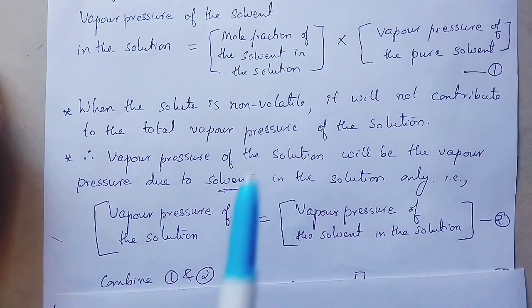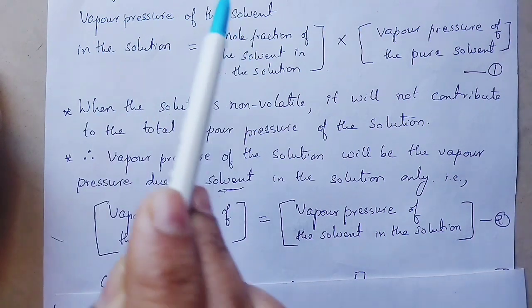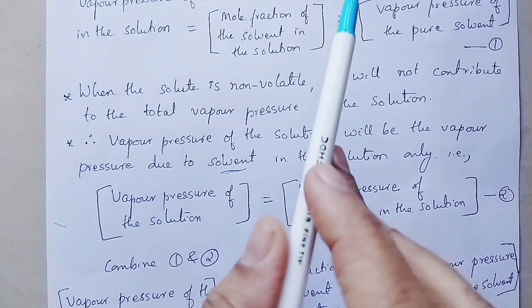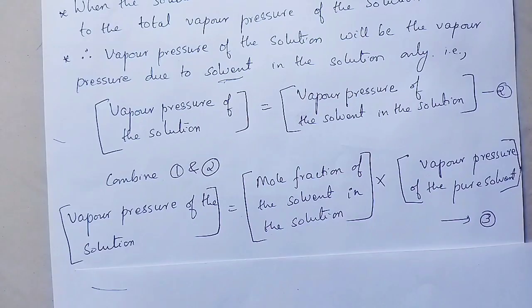Now combine equation 1 and 2. Here left hand side is equal to left hand side. Both are same, vapor pressure of solvent in the solution only. So when we combine these two things together, we get vapor pressure of the solution is equal to mole fraction of the solvent in the solution multiplied by vapor pressure of the pure solvent. You can consider this as equation 3.